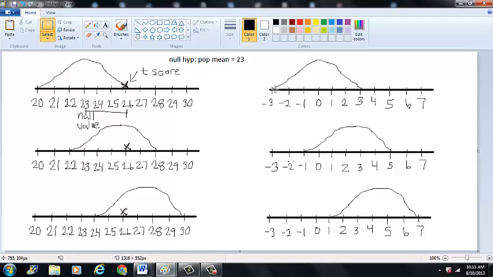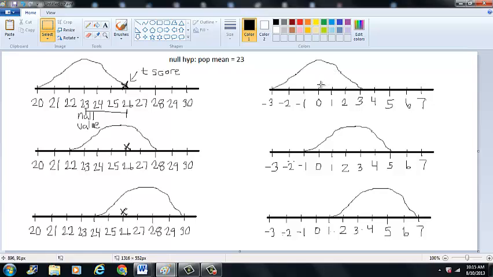So you can know that it's bell shaped if you know that the populations are normal, or if you know that both of your samples have at least 30 people.